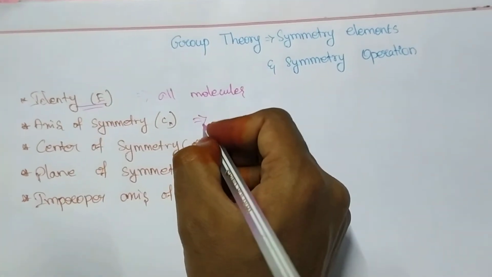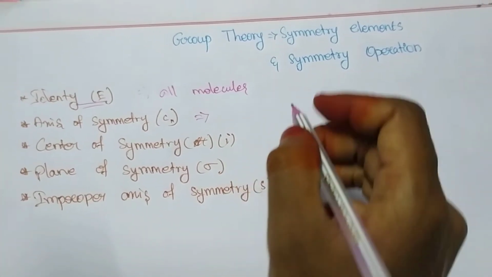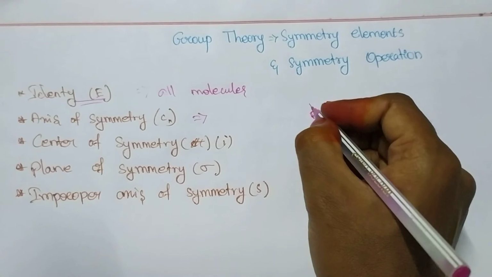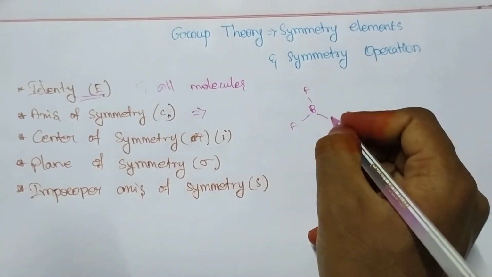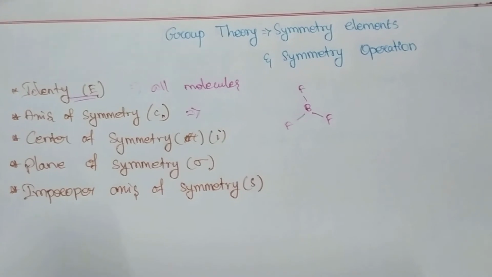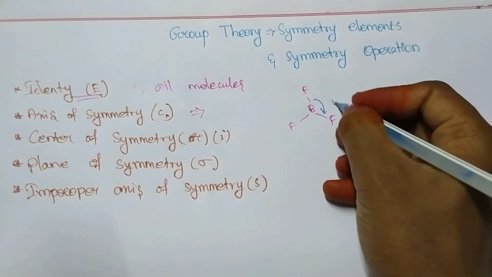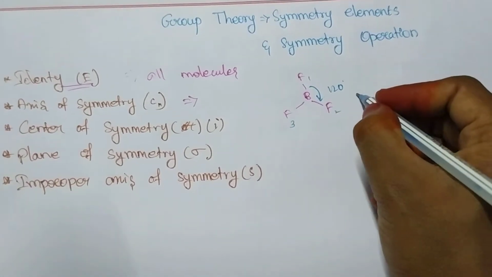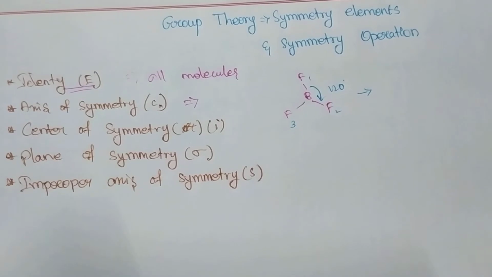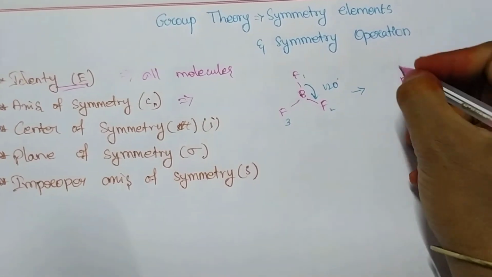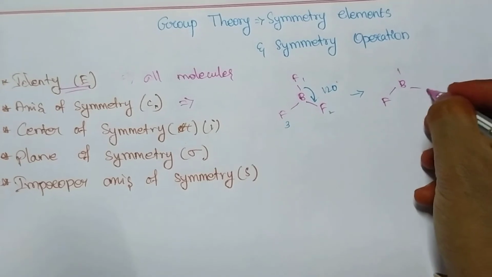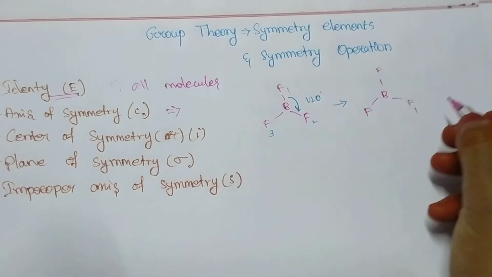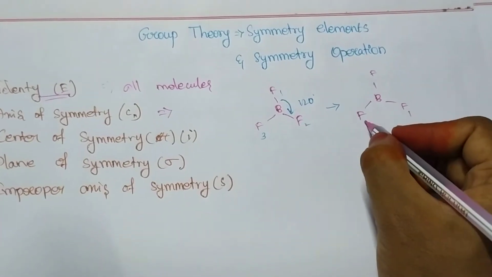In axis of symmetry, for example, we take BF3. When we rotate 120 degrees, this is 1, this is 2, this one is 3. If we rotate 120 degrees, the first fluorine will go to this place, and this one to this.